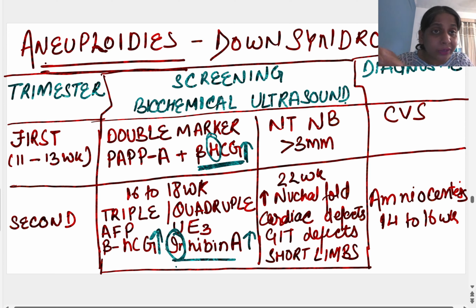From chorionic villus sampling and amniocentesis we see whether there is trisomy 21 or not. So chorionic villus sampling is done in the first trimester, it is a diagnostic test, and amniocentesis is a diagnostic test at 14 to 16 weeks.